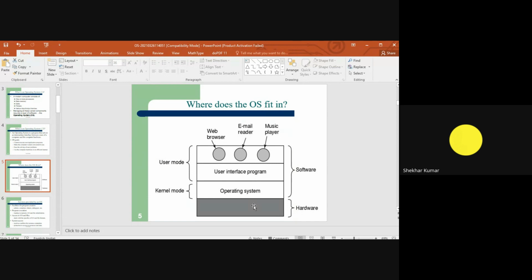Then we have also some distributed operating systems. In the distributed operating systems, we use many processors, different processors that are located in different machines. Why do we use different processors?